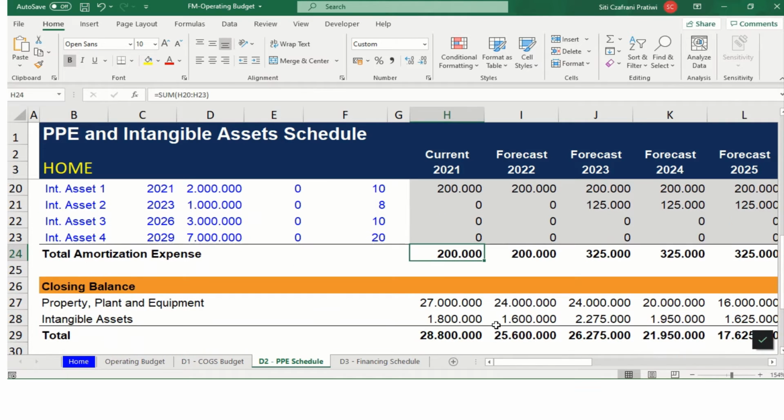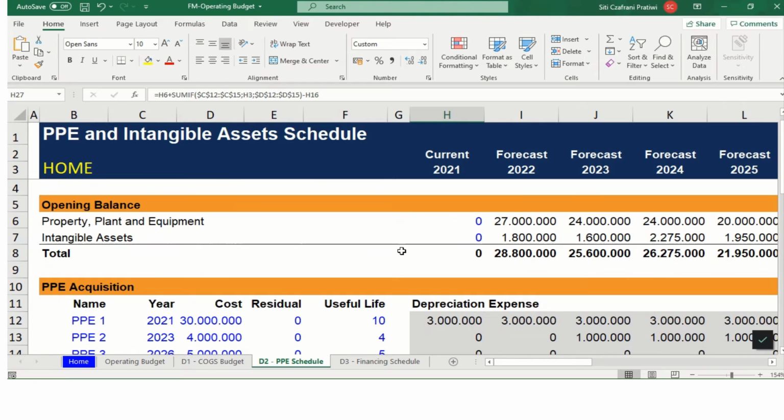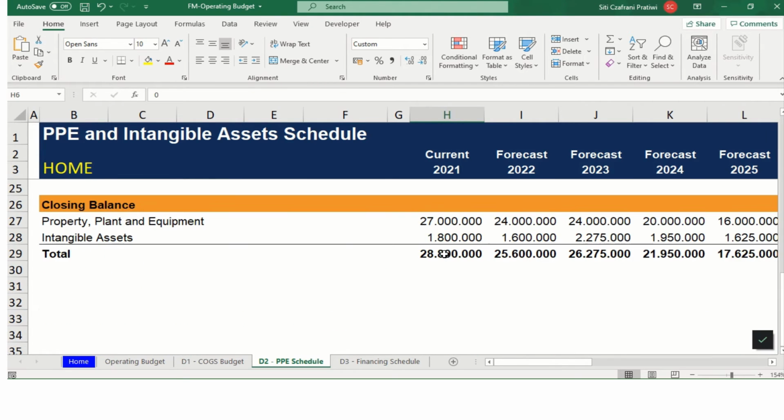And finally, the closing balance. We also use another complex formula here. The closing balance basically is the opening balance.